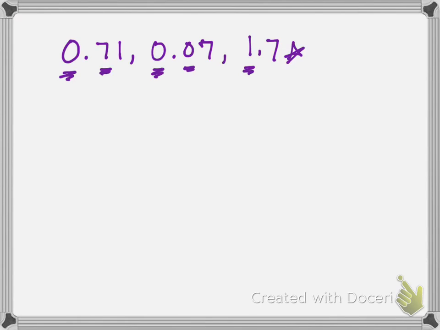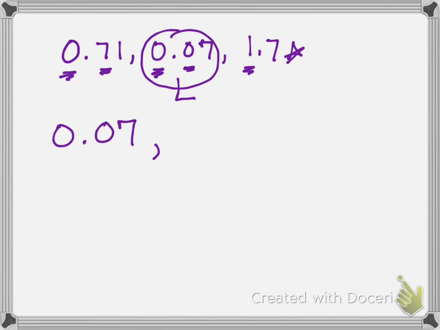So automatically, this one is our least. So 0 and 7/100 is the smallest. Then comes 0 and 71/100, and the greatest is 1 and 7/10.